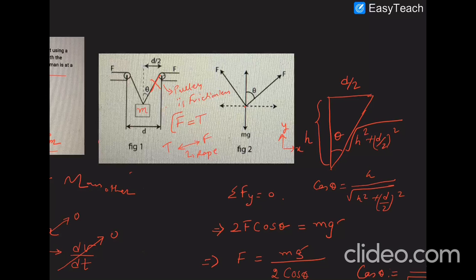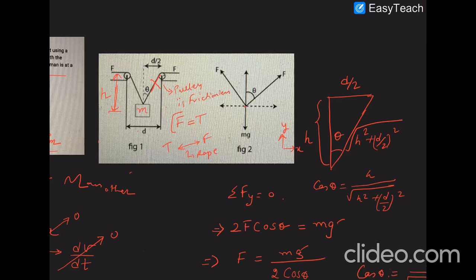Now the geometry was given: d is the width of this pit, and h is the height. Suppose we take the height as h at any particular instant. h is the height of that mass from the person who is pulling.